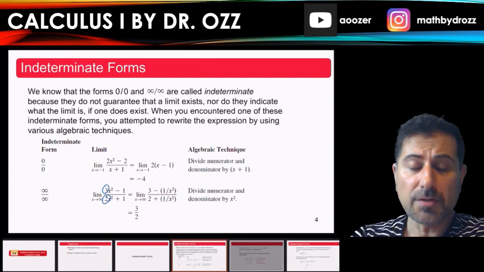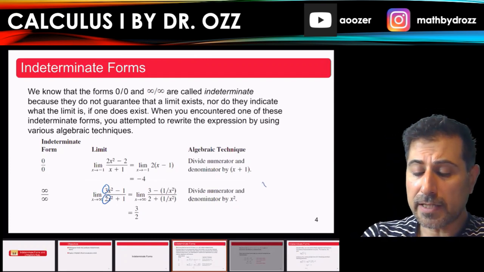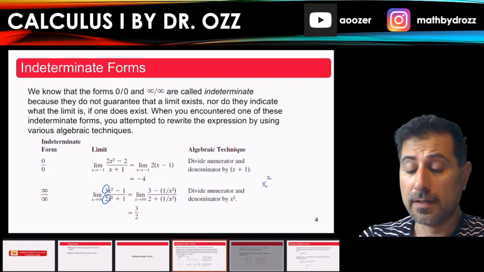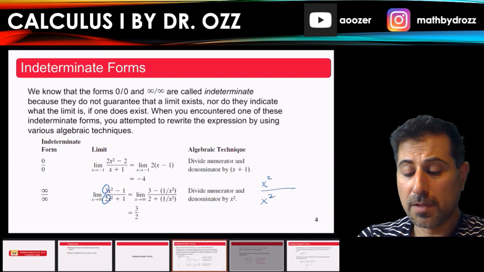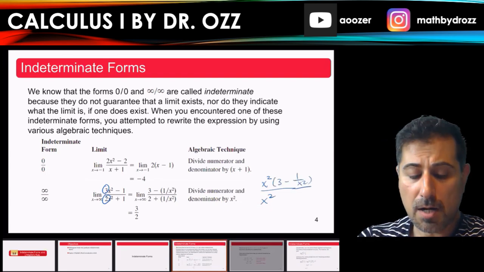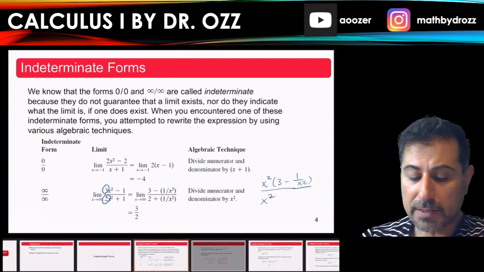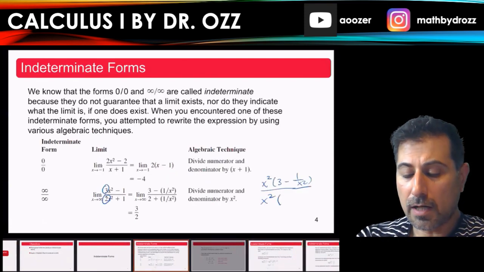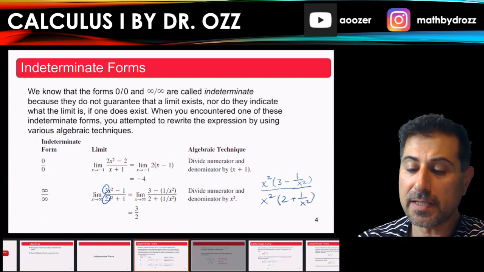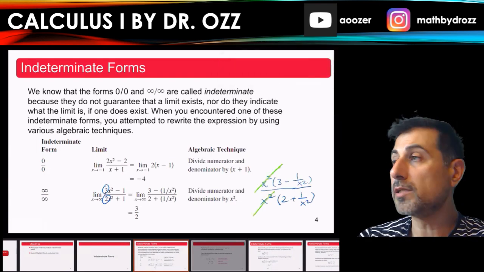In fact, you can also handle this problem by factoring out the highest order of x at the top and the bottom. So you have 3 minus 1 over x squared at the top, and in the bottom you have 2 plus 1 over x squared, and we can perfectly cancel out the x squared terms.